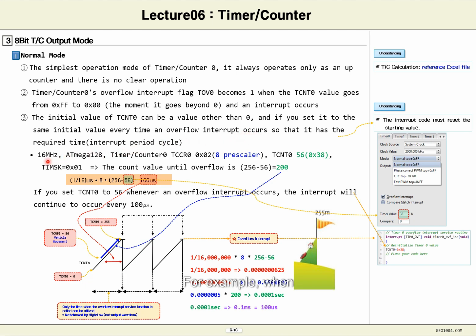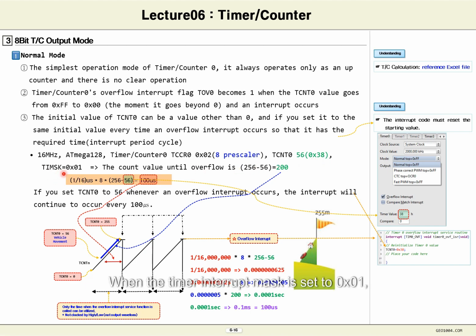For example, take timer counter 0 of ATmega128 at 16 MHz. When the prescaler setting is 0x02, it is divided by 8. If the TCNT0 value is 56, it is 38 in hexadecimal.